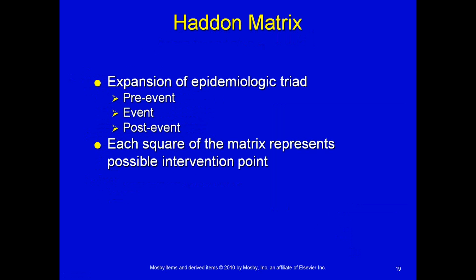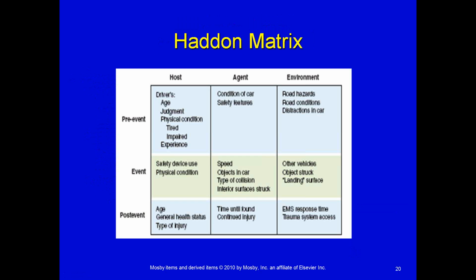Now, the Haddon matrix deals with the pre-event, the event, and the post-event situations of an injury. And each square of the matrix represents a possible intervention point. If we look at the pre-event, things dealing with the host include the driver's age, their judgment, the host's physical condition. Are they tired?